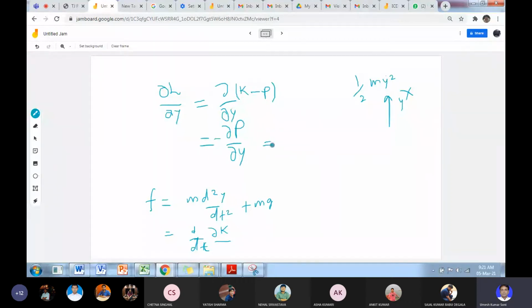Okay, this is equal to minus mg. So here you get mg equal to minus del Lagrange upon delta y.